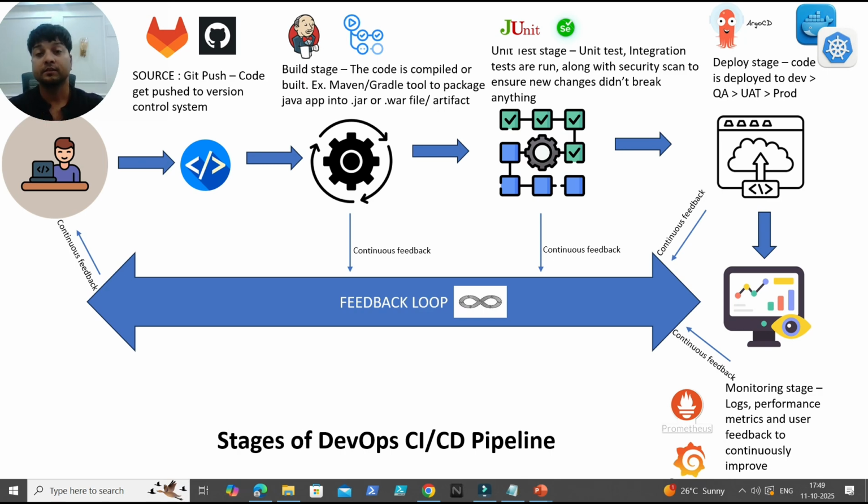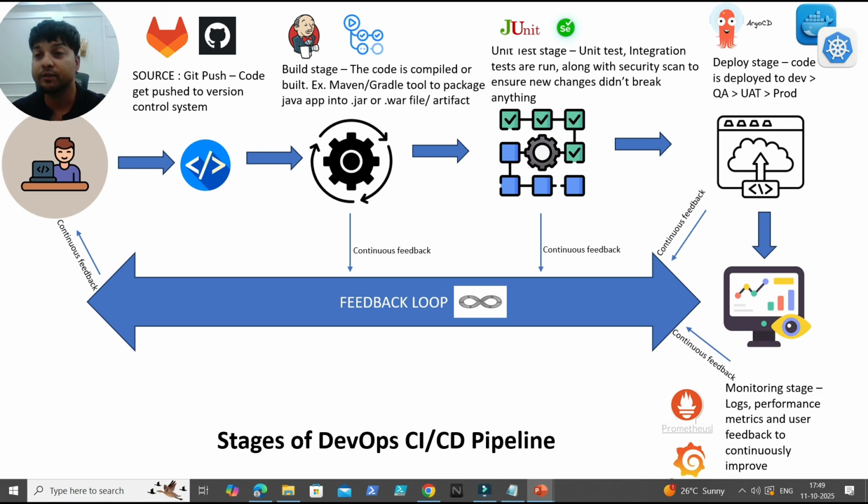Let's understand it. Continuous delivery means the code is automatically built, tested, and ready for deployment, but the deployment to production is done manually after approval. So there will be an approval stage. Once the code is ready to be deployed to production, an approval process has to be followed, and only then can it go ahead and deploy to prod. That is called continuous delivery.